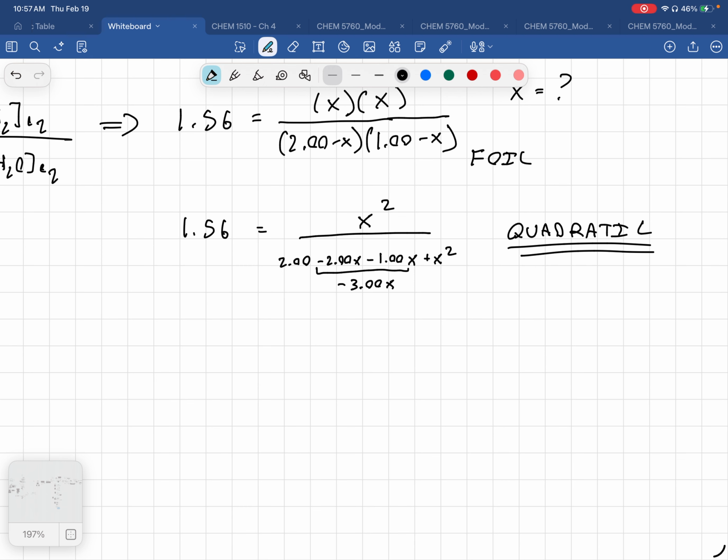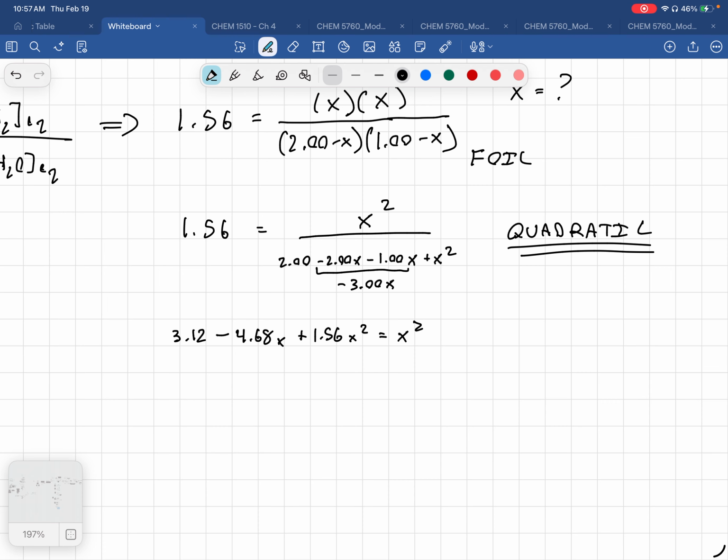Also note that this is just minus 3.00x. So we run that 1.56 through, and we end up with 3.12 minus 3 times 1.56, which is 4.68x, and then plus 1.56x squared, and that is all equal to x squared.